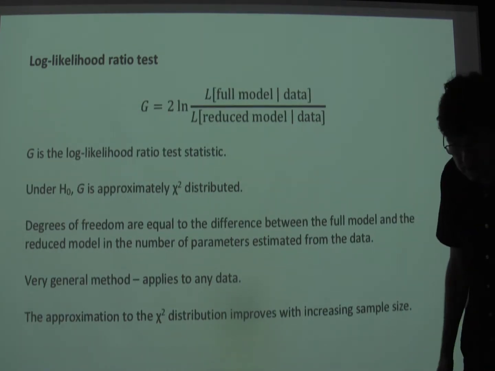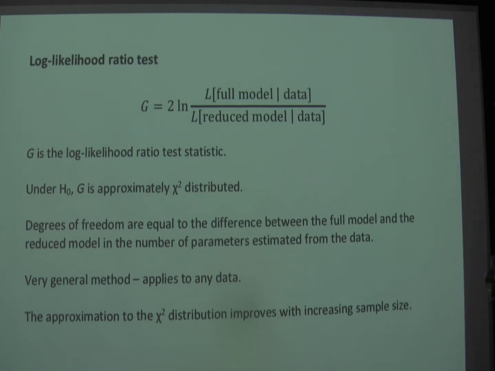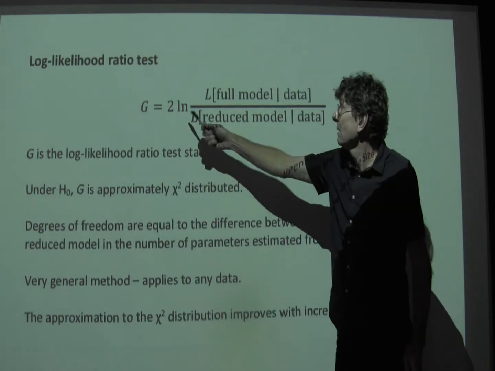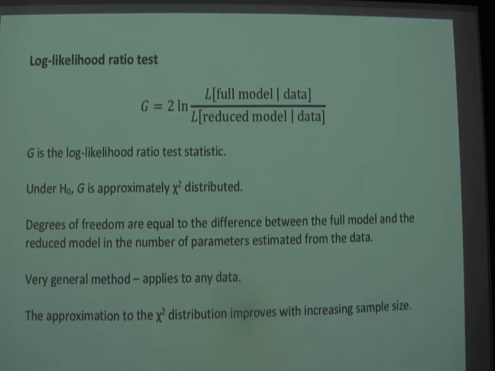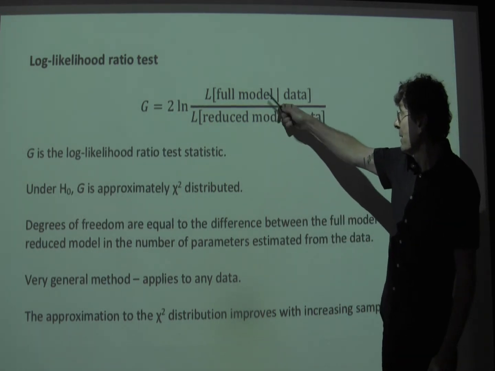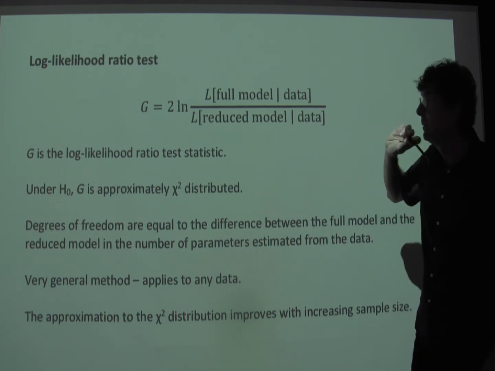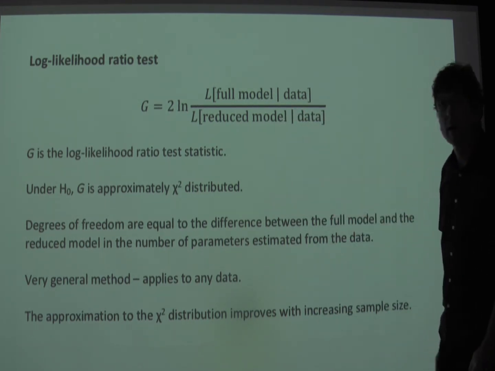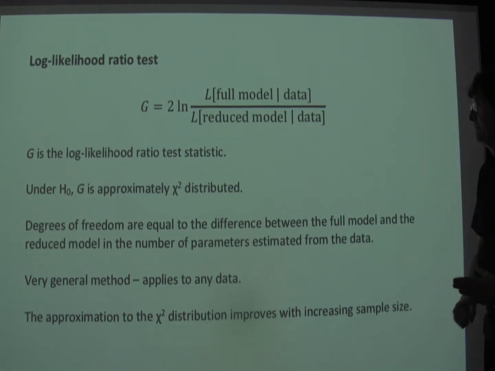And the formula for the log likelihood ratio test looks like this. G is the log likelihood ratio statistic, and it's calculated as twice the log of the likelihood ratio. It's very simple. And the ratio has the full model on the top and the reduced model on the bottom, given the data.